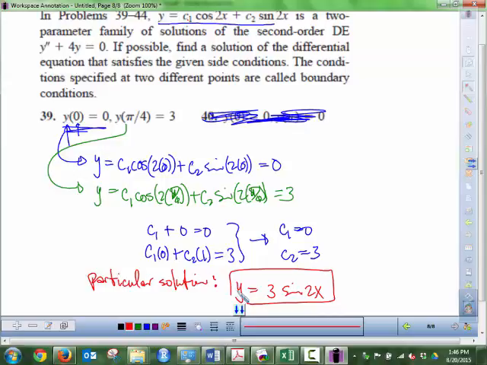Okay? So that's how you would solve boundary value problems. And for these types of differential equations, this is essentially the same way you'd be solving initial value problems as well. Because for initial value problems, you'll come up with a pair of equations with two unknowns like this and then solve for it.